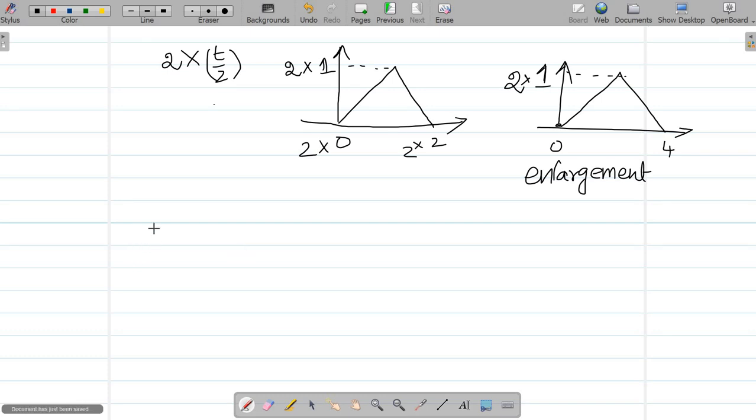Let us say we are having a signal x of t. Let us say we are having a signal example. I think we'll take a fresh page and start on a new page.